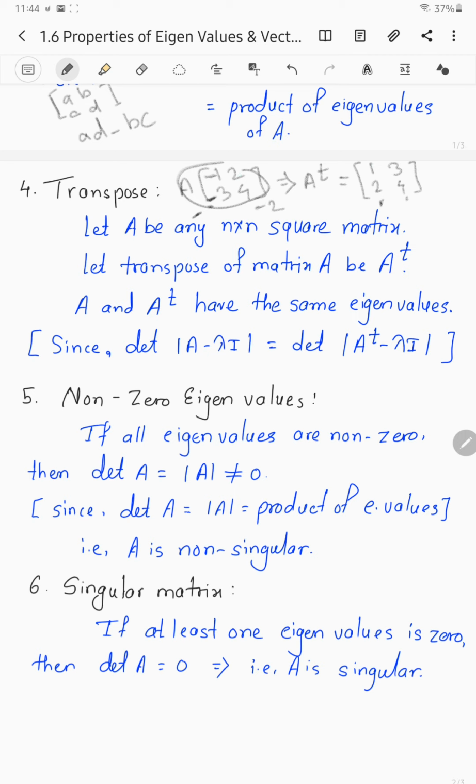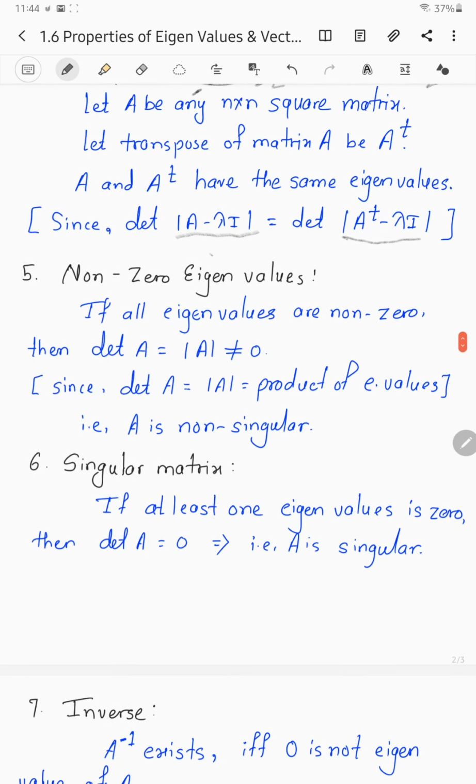Similarly here, 4 times 1 minus 3 times 2, is also minus 2. As the determinants of A and A transpose are the same, the determinants of A minus lambda I and A transpose minus lambda I are also the same. So as the determinants are the same, the roots are the same, and the roots are the eigenvalues, so A and A transpose have the same eigenvalues.